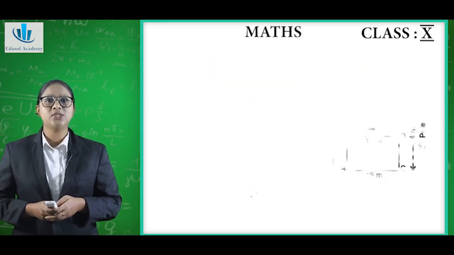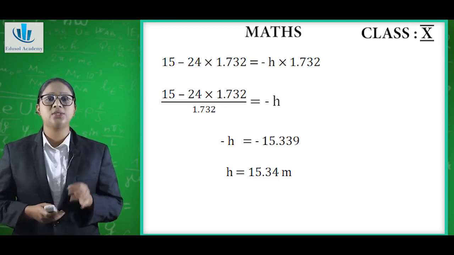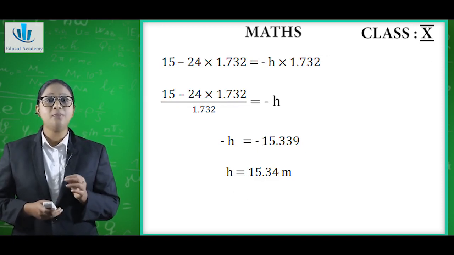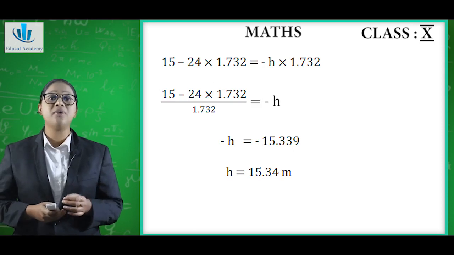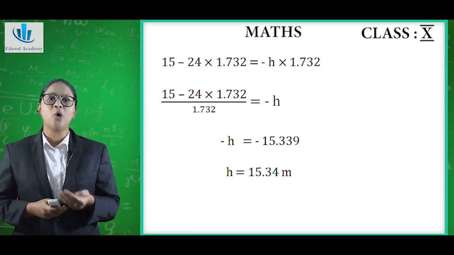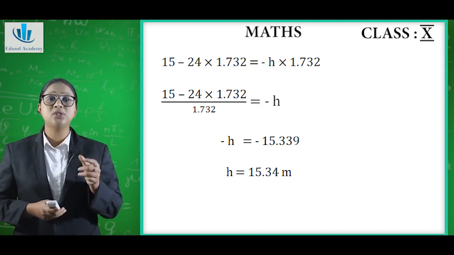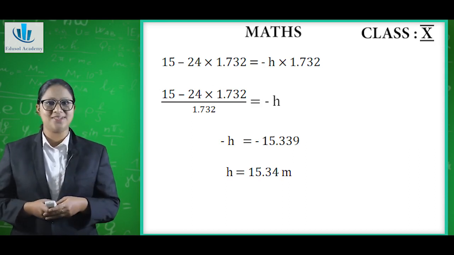Now upon cancellation and solving, we will get the value of H as 15.34 meter. We have rounded the value. It was ideally 15.33 something. So we can round it to 15.34 meter. Always use the value of root 3 if it's specified in the question.